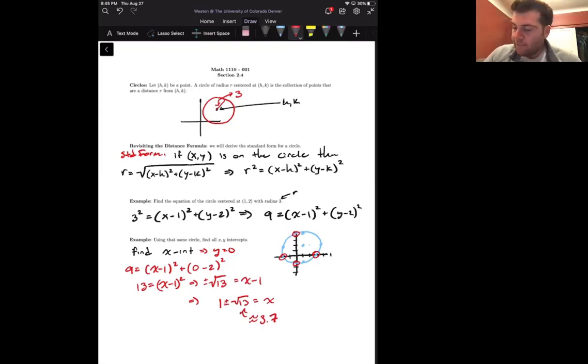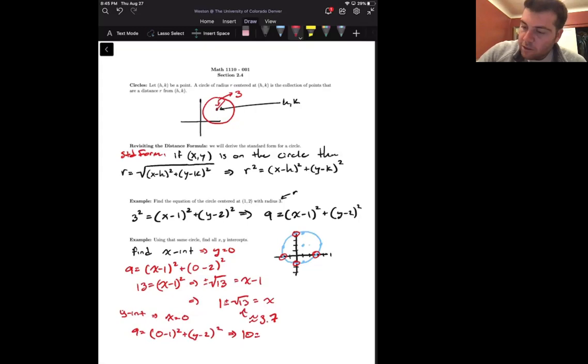All right, so hopefully you realize that now we're going to do almost the same thing, except for the y-intercepts. That says we're going to set x equals 0. And then we get 9 equals (0 minus 1) squared plus (y minus 2) squared. Or that 10 equals, sorry, not 10, negative 8, or positive 8 equals (y minus 2) squared.